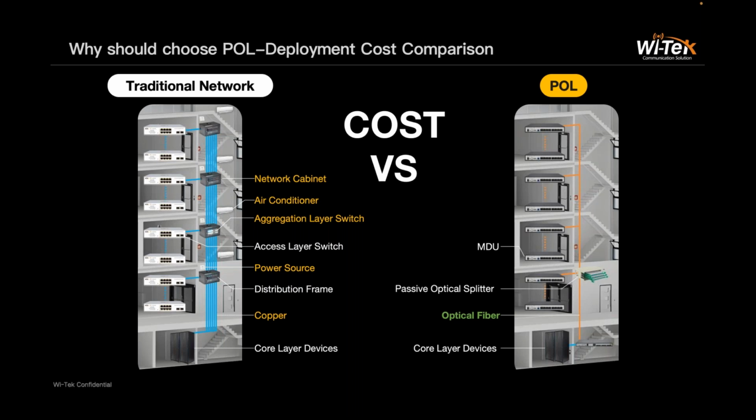We need to prepare a cabinet and a weak current room. So every floor needs this cabinet, and you need to prepare the power supply, because in the cabinet you need to put a fuse switch. You also need to deploy more cable across the different floors, and this is all cost, not only the material cost, but also the deployment cost. So if we move to POL, it's very simple.